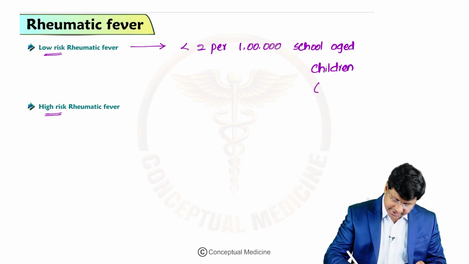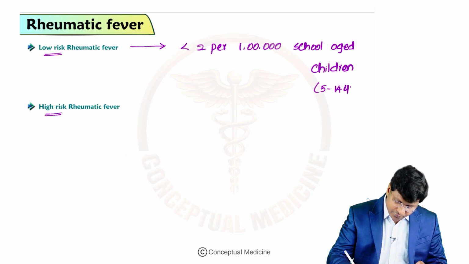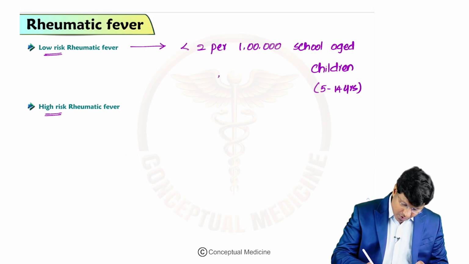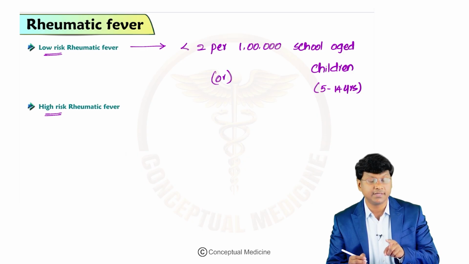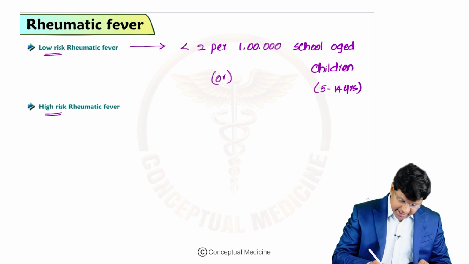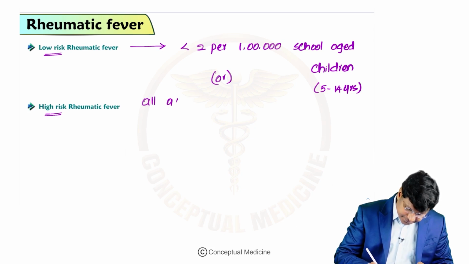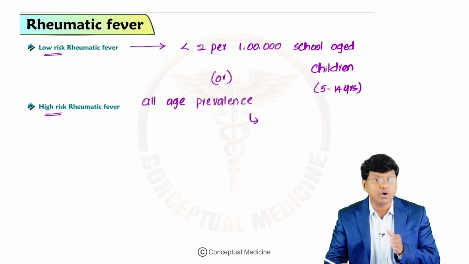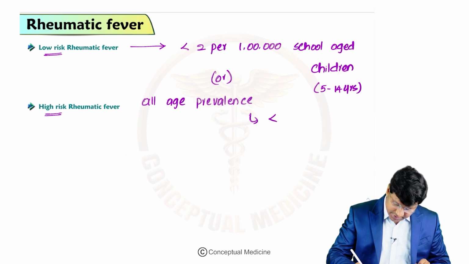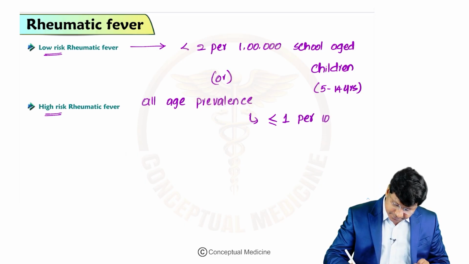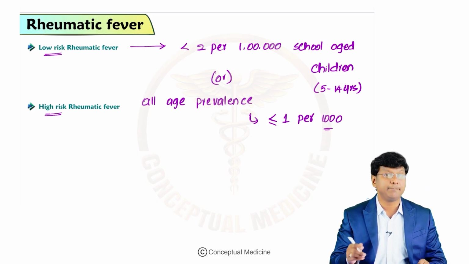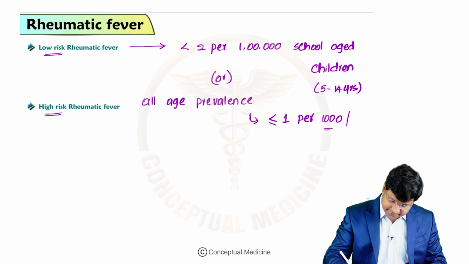School aged children in the sense around 5 to 14 years. Or if you take any age group, all age prevalence less than or equal to 1 per 1000 population per year.